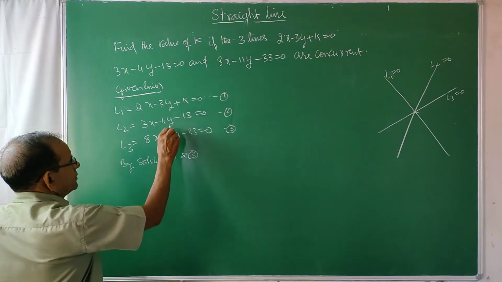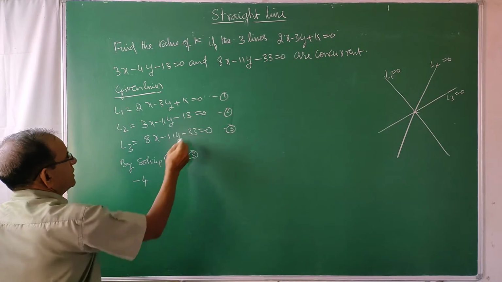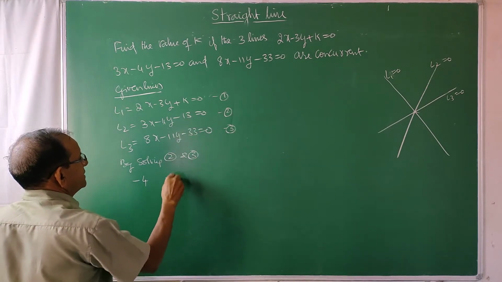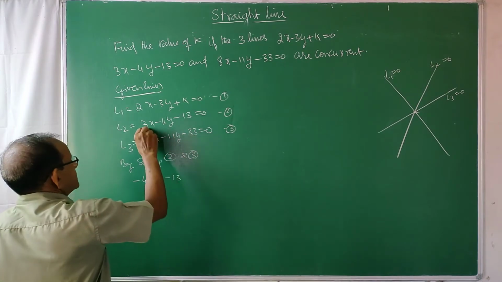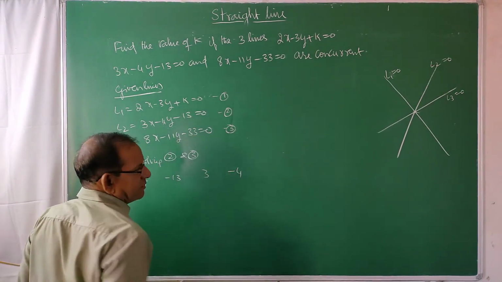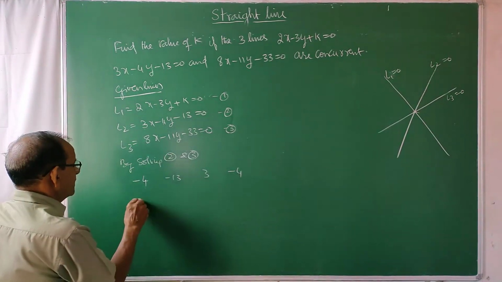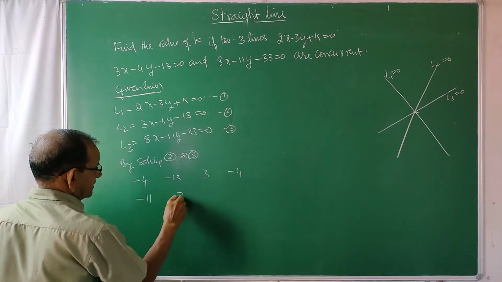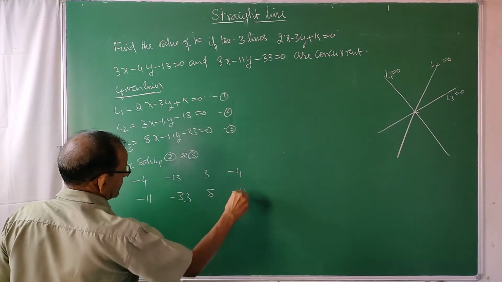Now first you have to start with the coefficient of y, that is minus 4, next constant minus 3, but remember that the constant should be on the left side only. Next x coefficient 3, next repeat y coefficient in the last, minus 4. Similarly for the second equation, minus 11 and minus 33, 8 and repeat 11, minus 11.